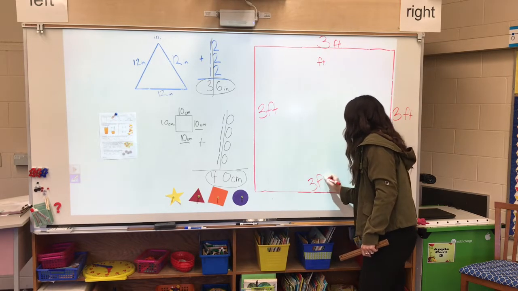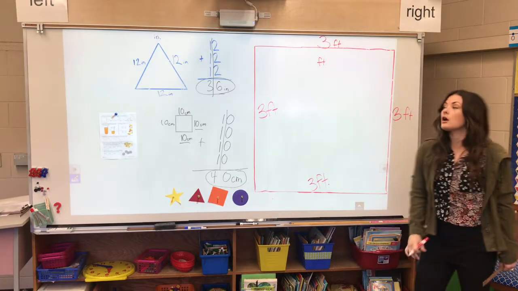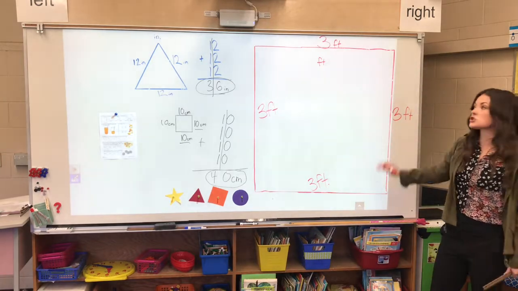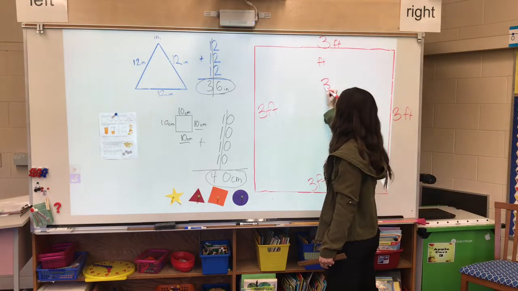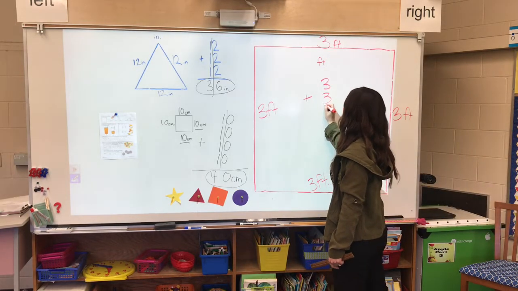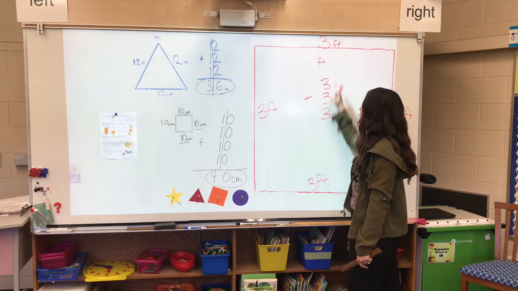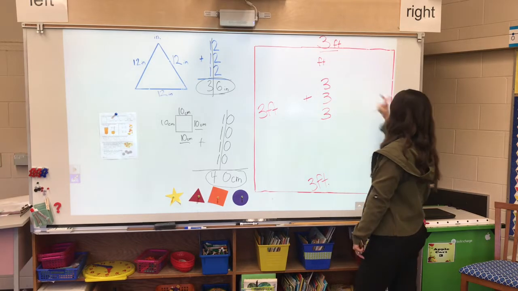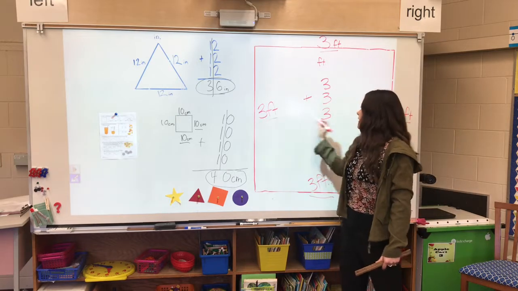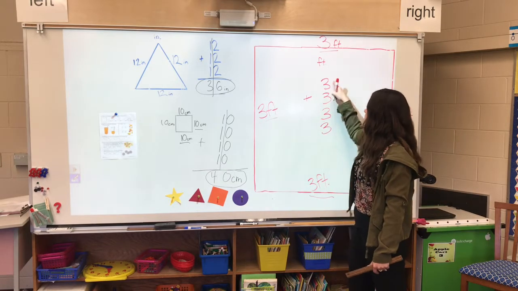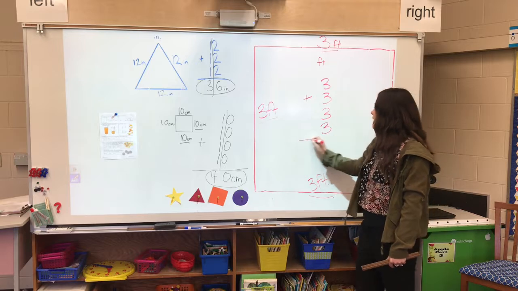So I need to figure out what my perimeter of my giant square is in feet. So I'm gonna add 3 plus 3 plus 3, 1 foot. This is one side, one side, one side, and one side. I need 4 3s for the 4 sides of my square.